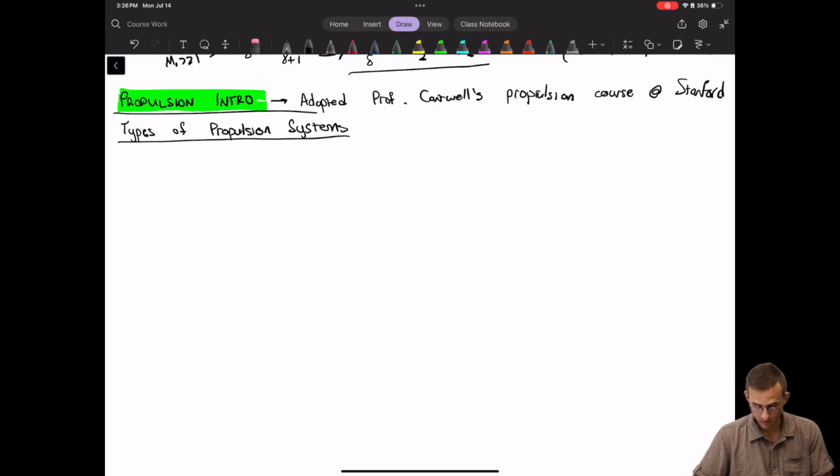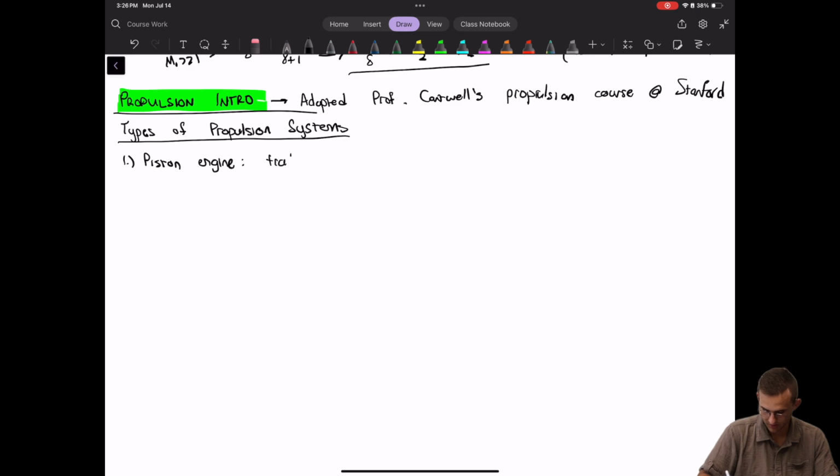Okay, so let's proceed. What are some types of propulsion systems? Well, one thing is a standard piston engine, which is like a traditional propeller engine.